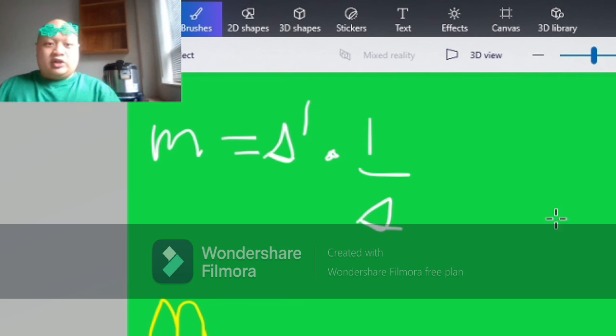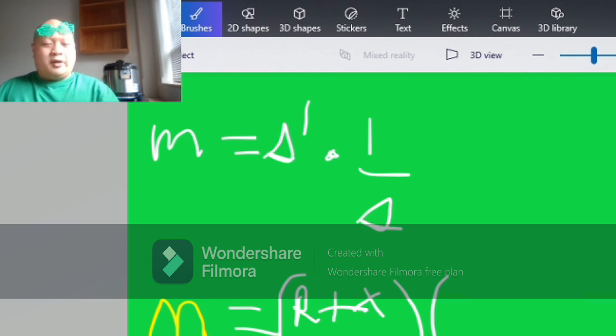So for s prime, we calculated in part A as R plus X over 1 plus X, and for s we also have the quantity 1 over 2F plus X, and this is your magnification.